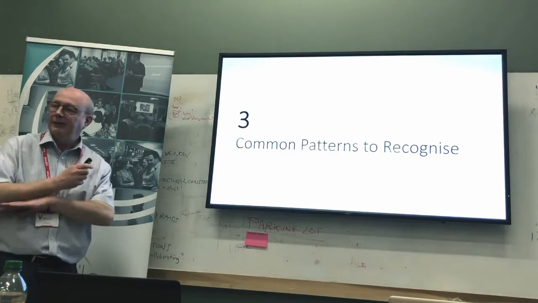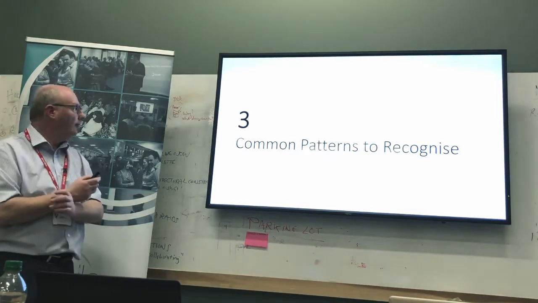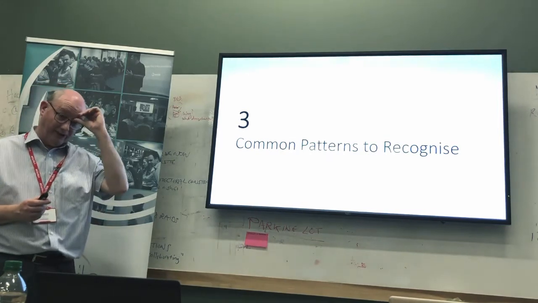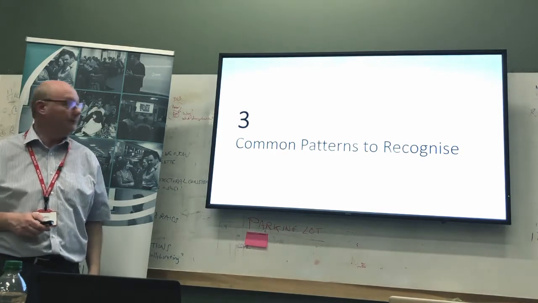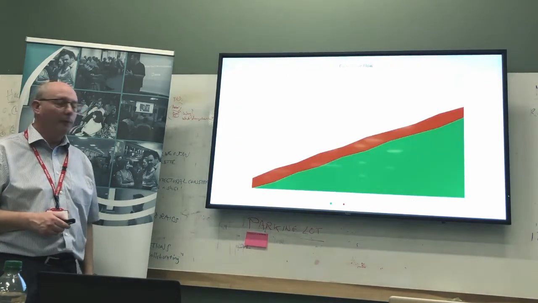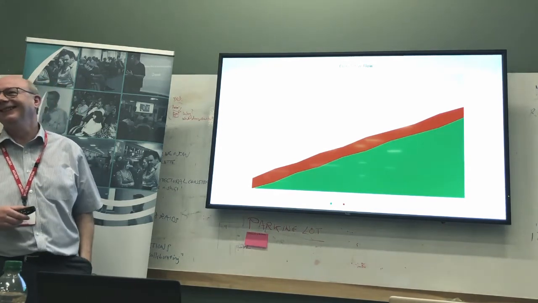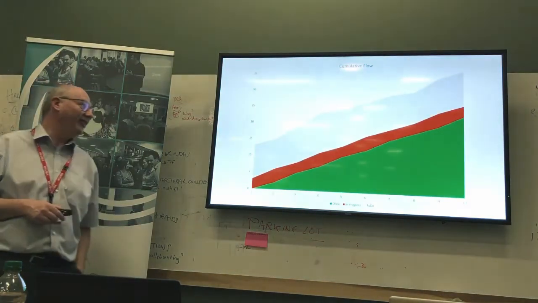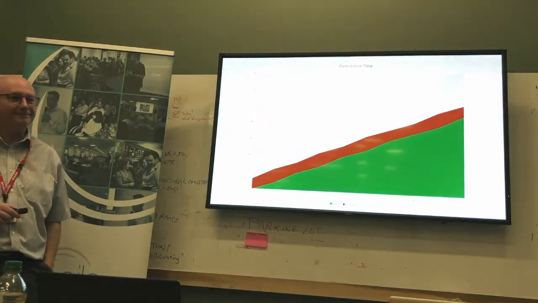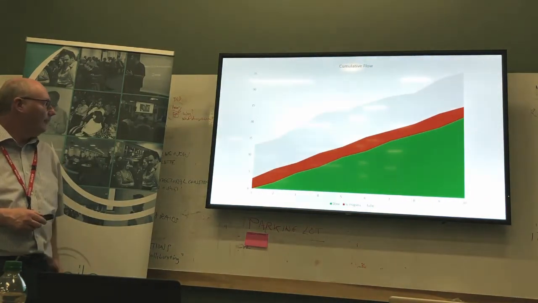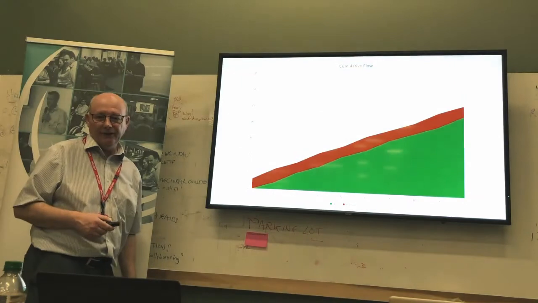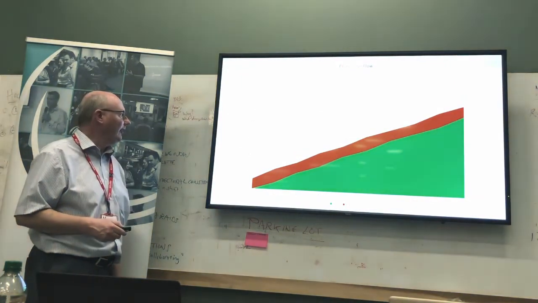So now let's show you some common patterns that we see on cumulative flow diagrams. We'll start off with the most uncommon pattern there is: perfect steady state flow. So that's what we've got here. This is just a steady state flow.